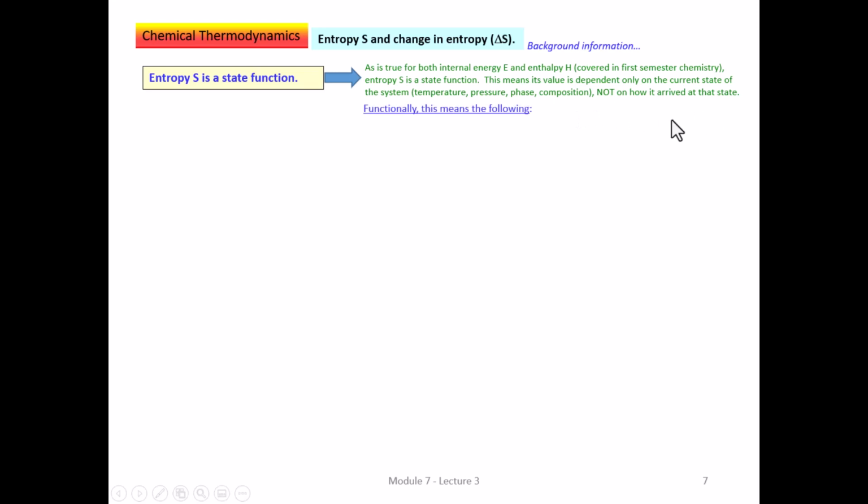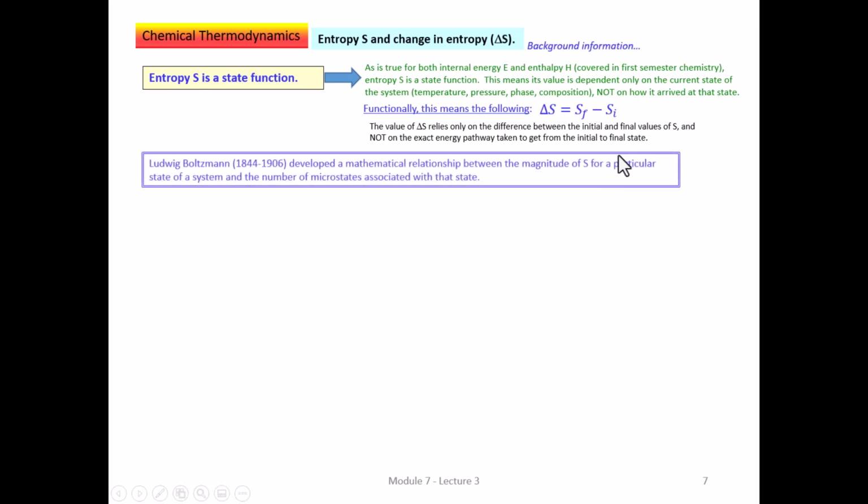Now, functionally, this just means the following. We're interested in calculating the difference in entropy between a final state entropy and an initial state entropy. Again, the value of delta S relies only on the difference between the initial and final values of S, and not on the exact energy pathway taken to get from the initial state to the final state.